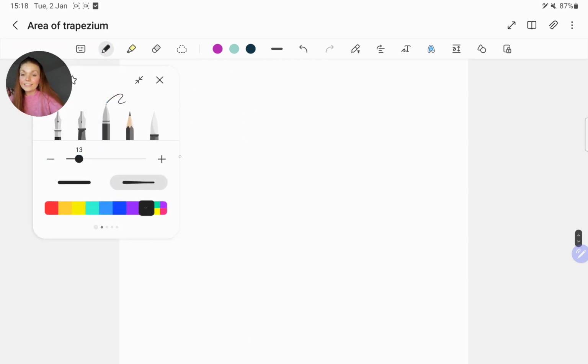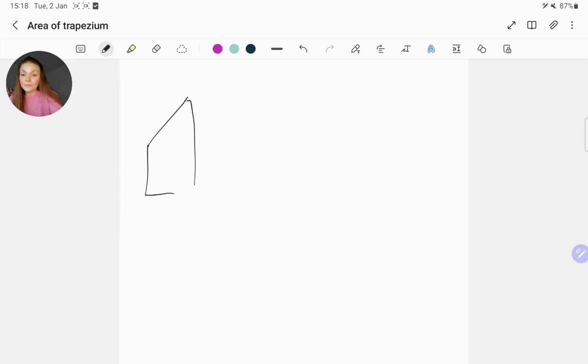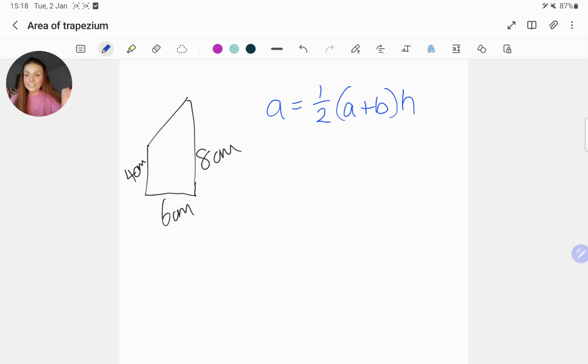Next one, say they said find the area of the below shape. We'll say 6 centimetres, 8 centimetres, and let's go for 4 centimetres. Again, this is a trapezium, it's just a little bit different looking. Area equals a half of A plus B times H every single time. The more you write this formula, the more it will ingrain in your head.